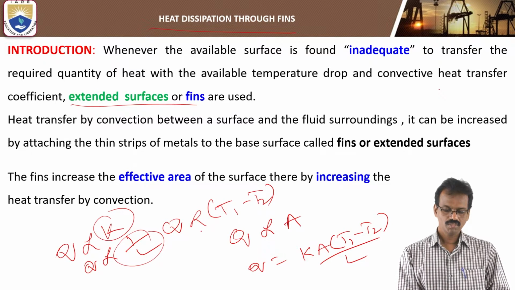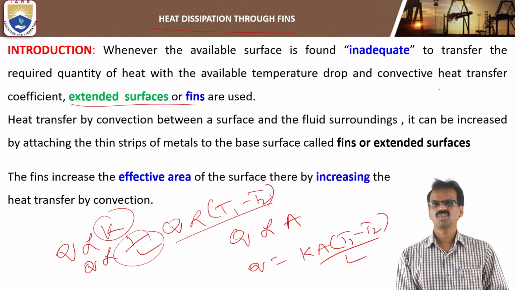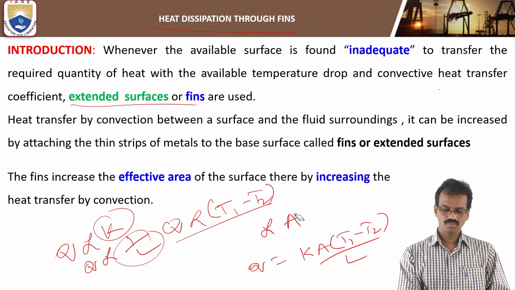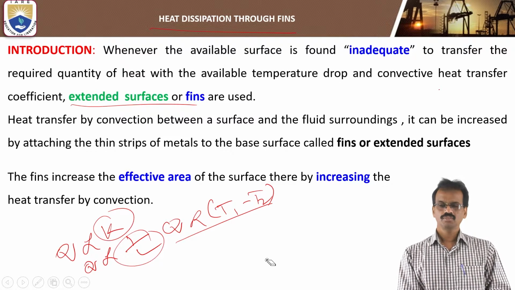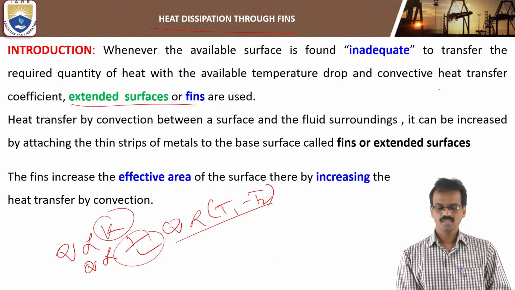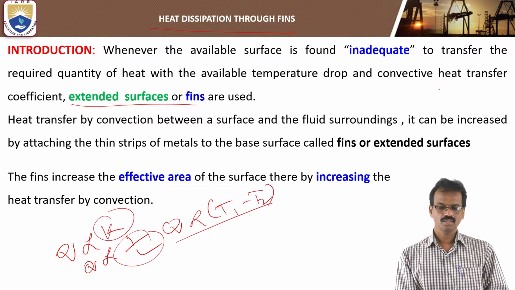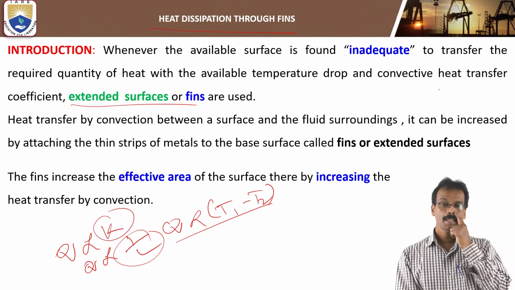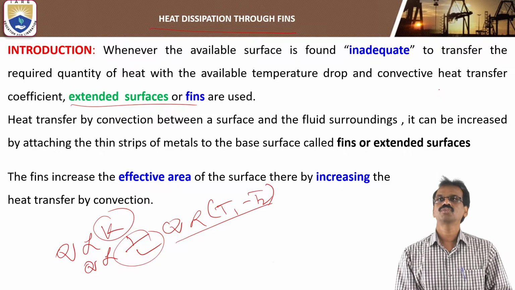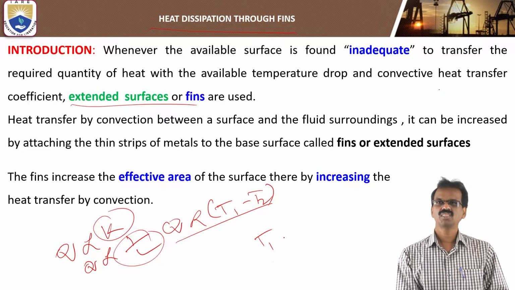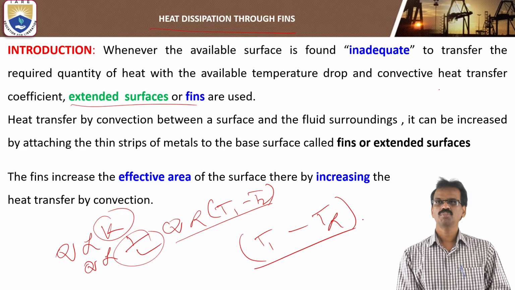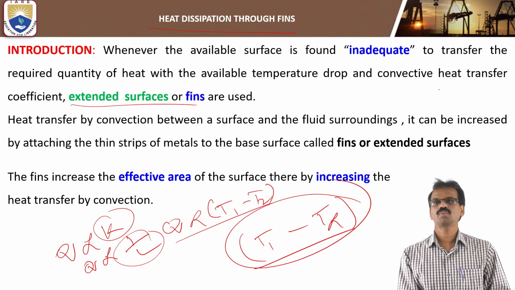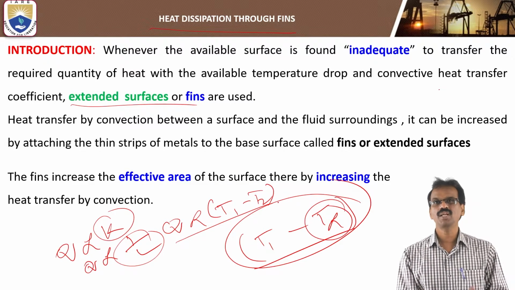Next, Q is directly proportional to the temperature drop, that is T1 minus T2. Suppose in the case of bikes, we use an air coolant system for the dissipation of heat from the engine surface to atmospheric conditions. If the engine surface temperature is T1 and the atmospheric temperature is T infinity, then T1 minus T infinity we cannot influence, because T infinity is the ambient temperature.